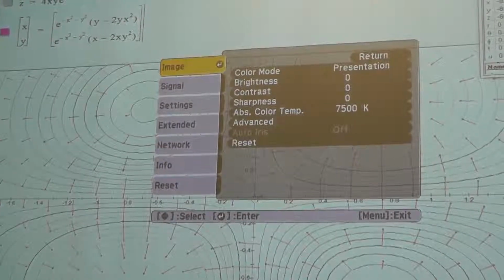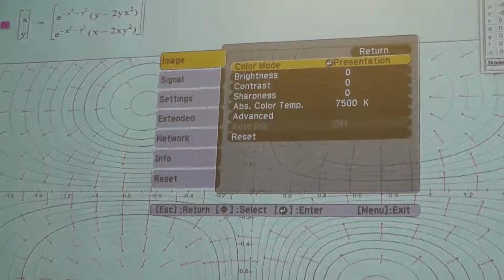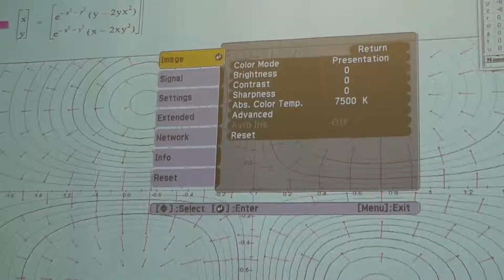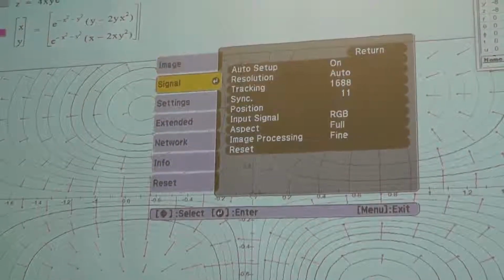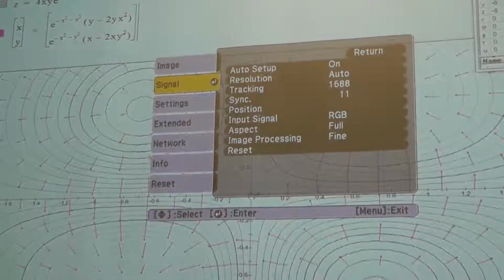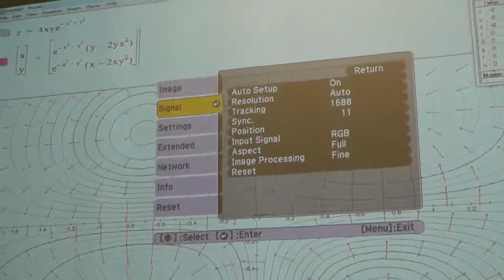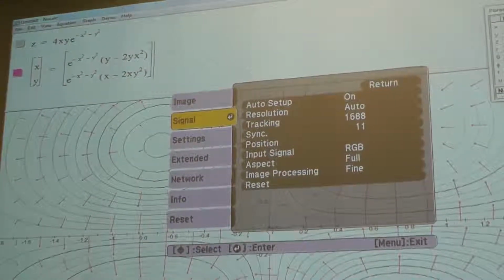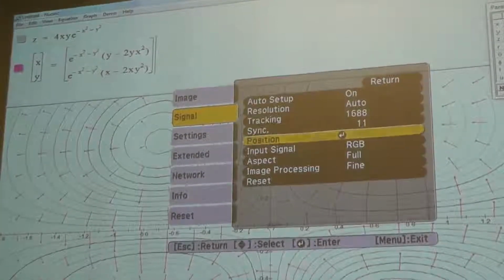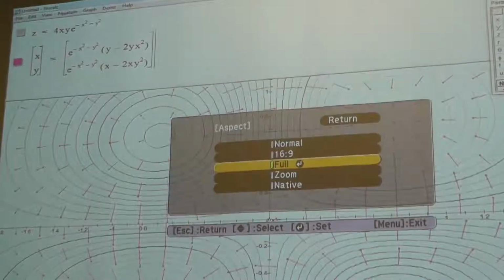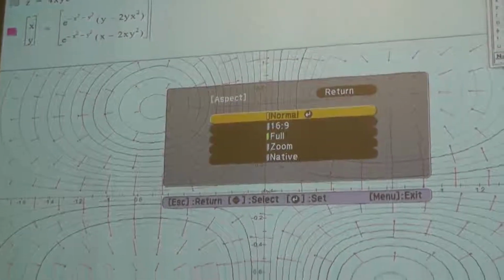I just want aspect ratio, third from the bottom. Maybe normal, 16 by 9.